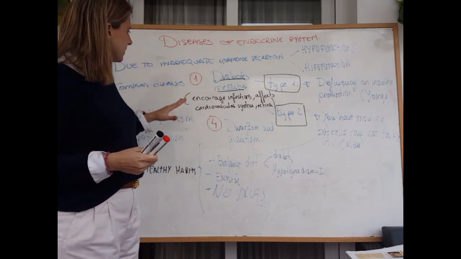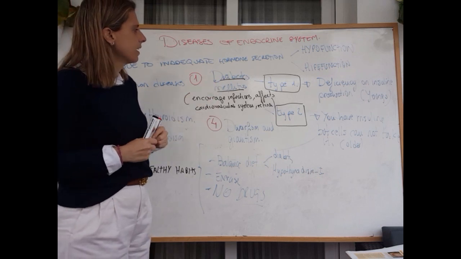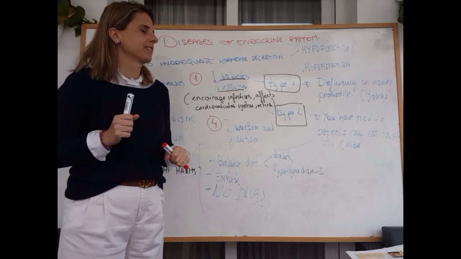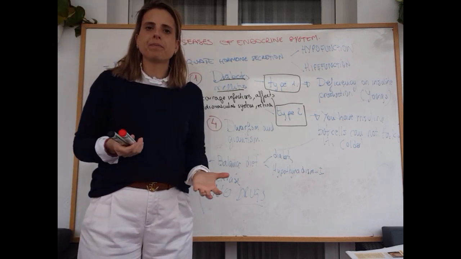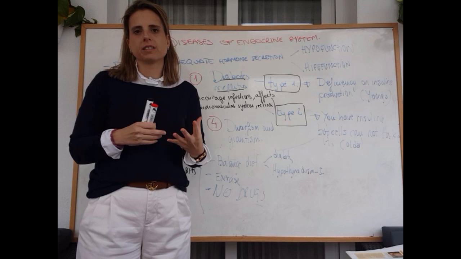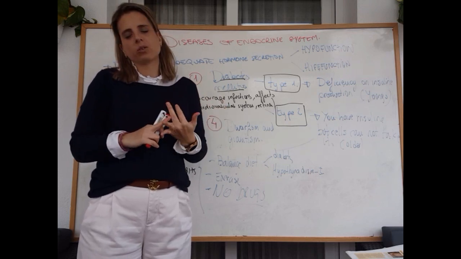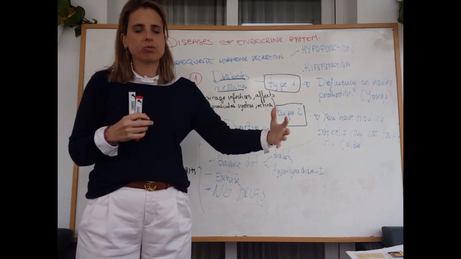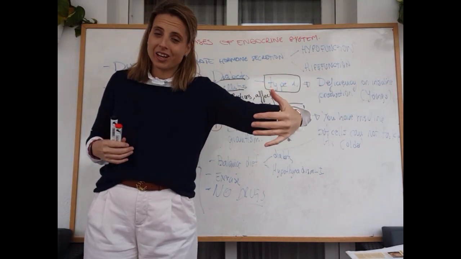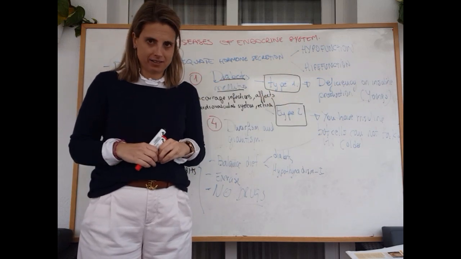Okay, so the first disease that we are going to study is diabetes mellitus, diabetes. If you remember, the most important hormones in this illness are insulin and glucagon. Insulin is the hormone that is going to remove sugar from the blood and take it inside the cell.